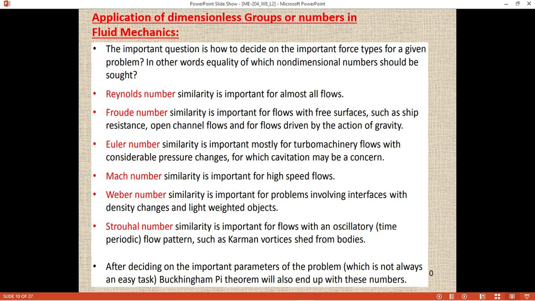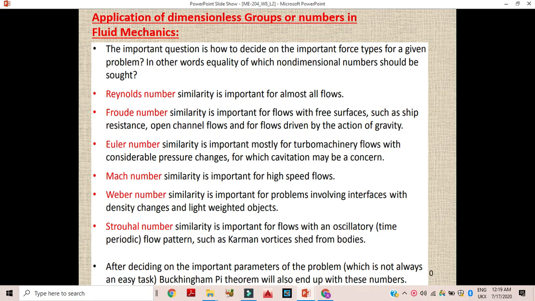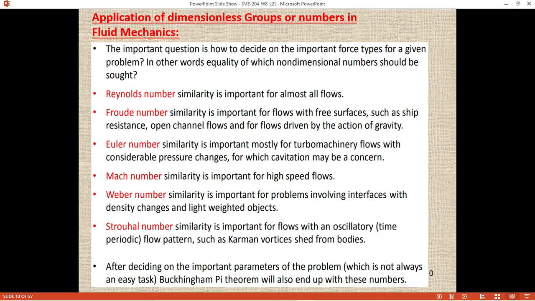After deciding on the important parameters of the problem, which is not always an easy task, the Buckingham pi theorem will also end up with these numbers.